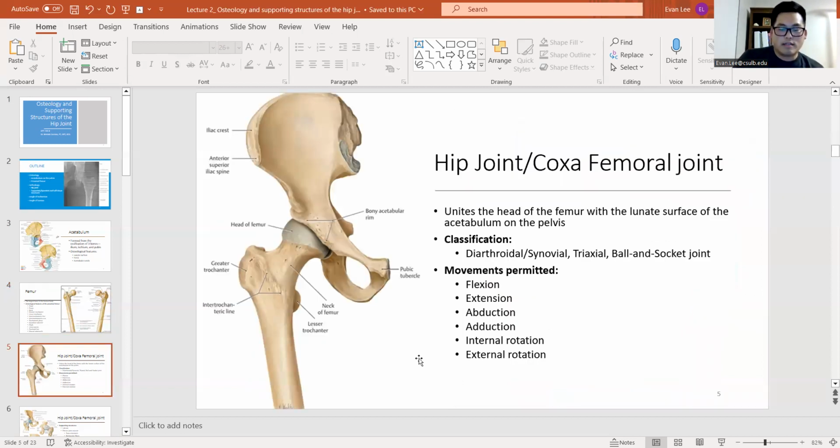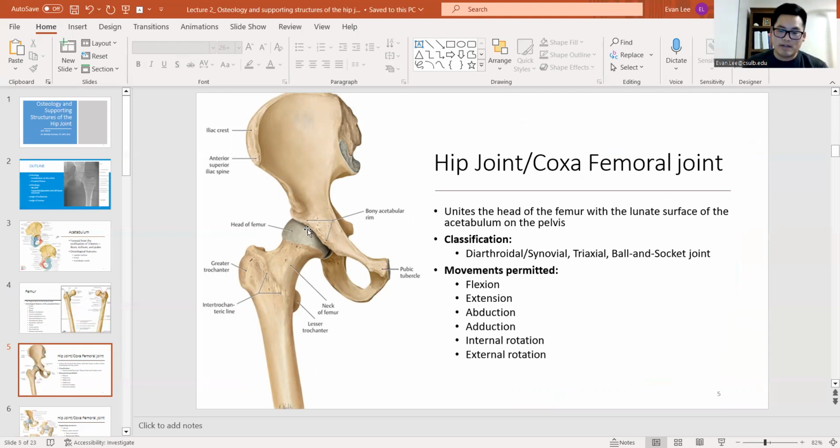Now, looking at the joint formed by the coxal bone and the femur, you can see the head of the femur fitting very snugly into the acetabulum of the coxal bone. And that's exactly what you want. This is where you see bones fitting together, like a ball going into a socket. Given this, you have a very rounded surface, and this allows for a very large range of motion.